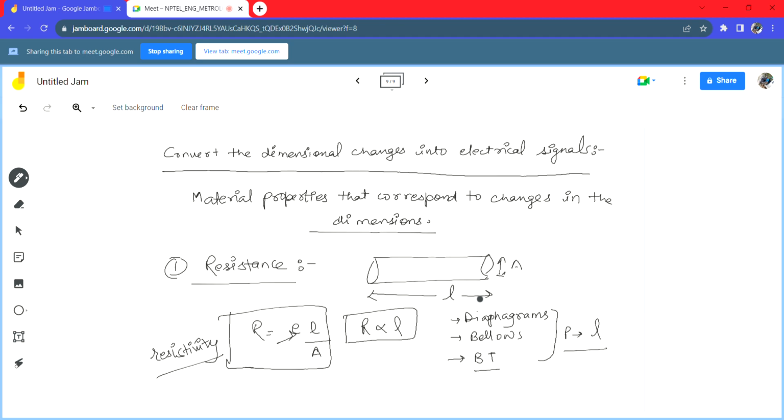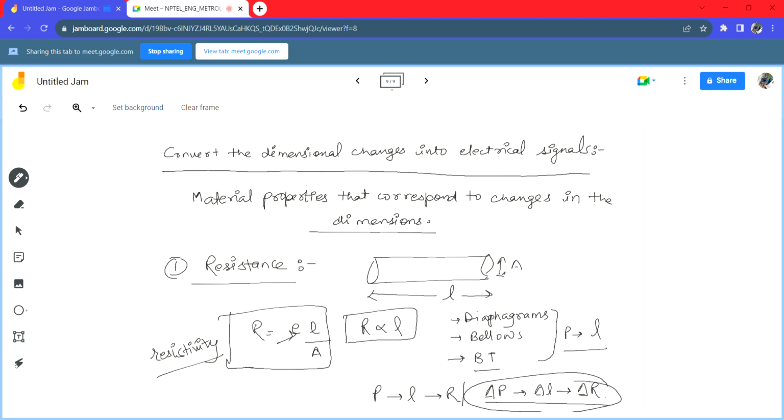Now, if we try to find a correlation, we are trying to say that pressure creates a change in length, and the change in length creates a change in resistance. So if I talk in terms of delta movements, I'll say that change in pressure creates change in length, and that creates change in resistance.